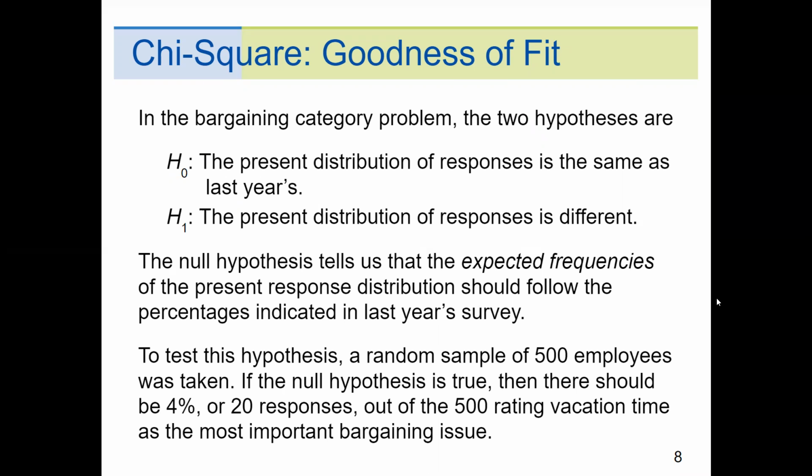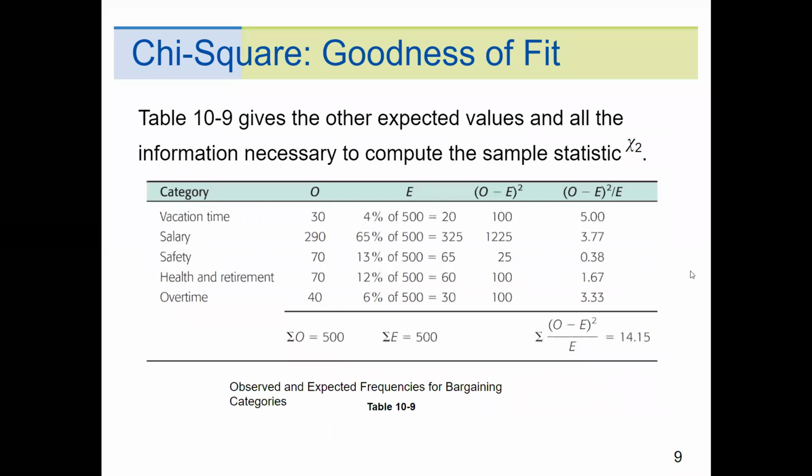To test this hypothesis, a random sample of 500 employees was taken. If the null hypothesis is true, then there should be 4% or 20 responses out of the 500 rating vacation time as the most important bargaining issue. So table 10.9 gives us the other expected values and all the information necessary to compute the chi-squared.